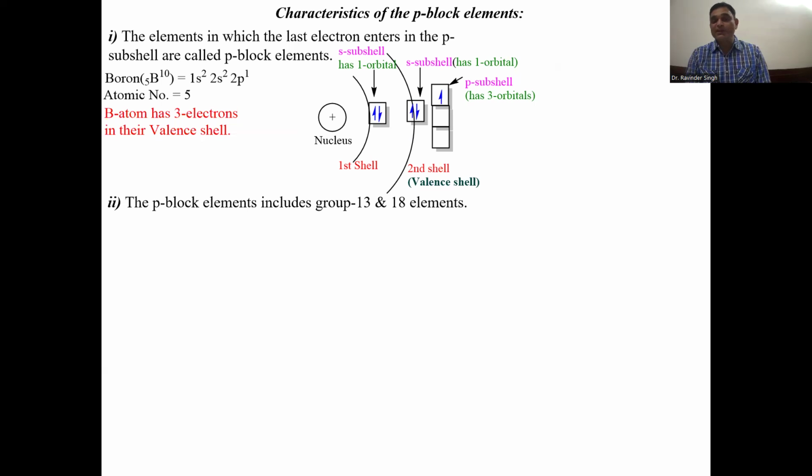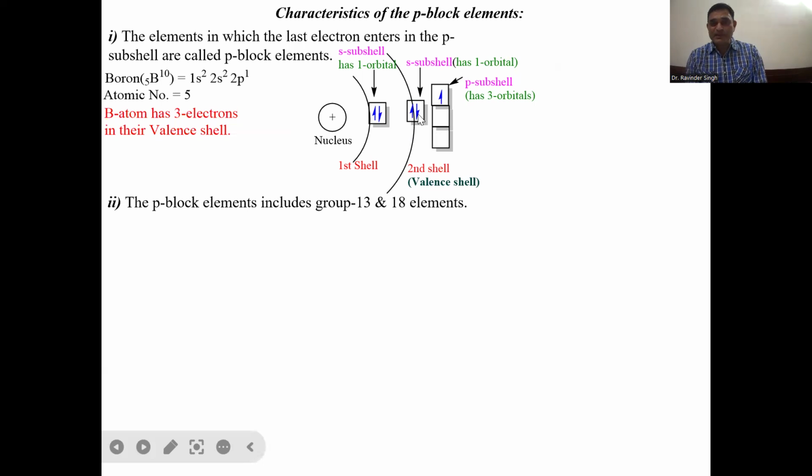So for group 13 elements, the maximum valency is 3. You can see this in all groups of the p-block elements, from group 13 to group 18. Why are there 6 groups?